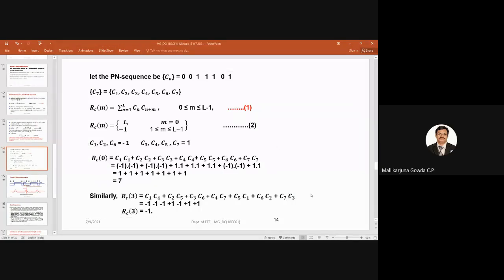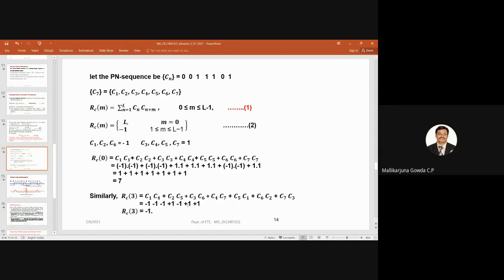That is correct. So here C7 and C3 both are plus 1, that is why it is plus 1 only. Then C6, C2. C6 is minus 1 and C2 is minus 1, that is why it is plus 1. Hope this is clear. That subscript was a mistake.